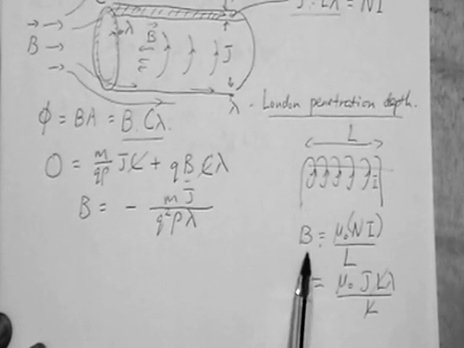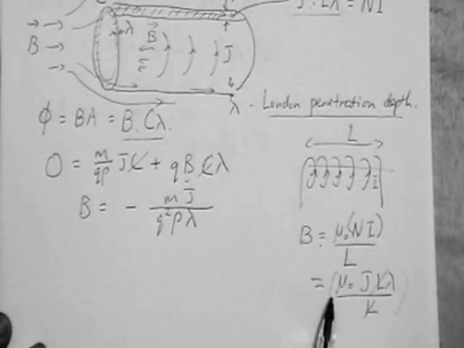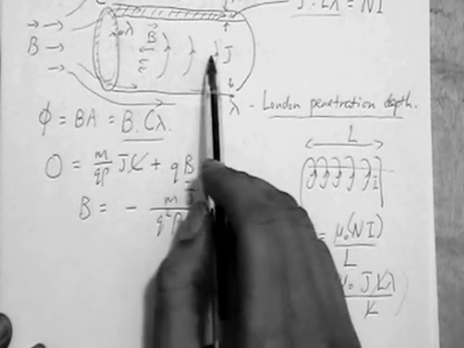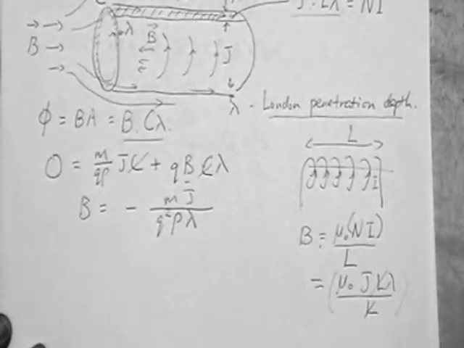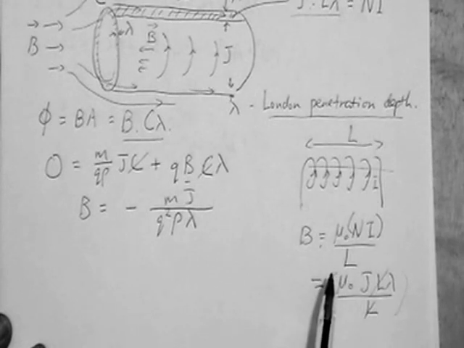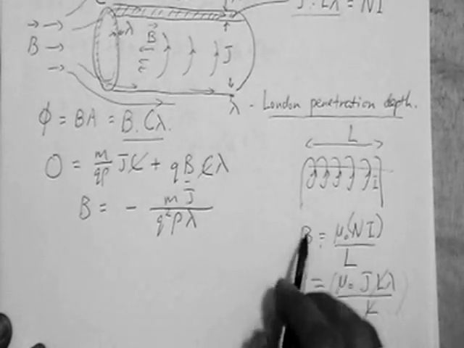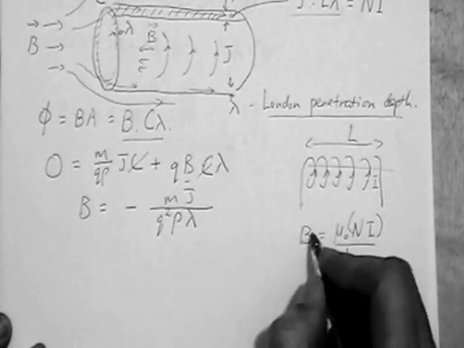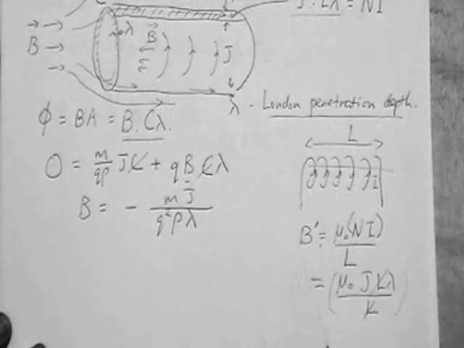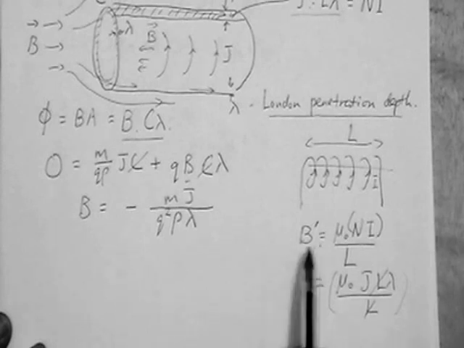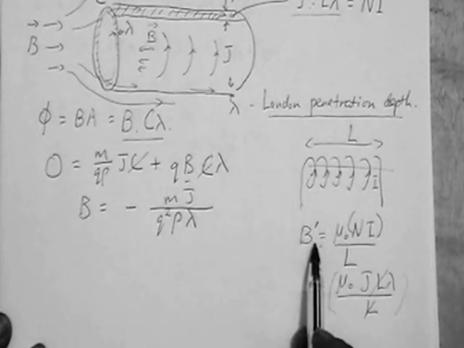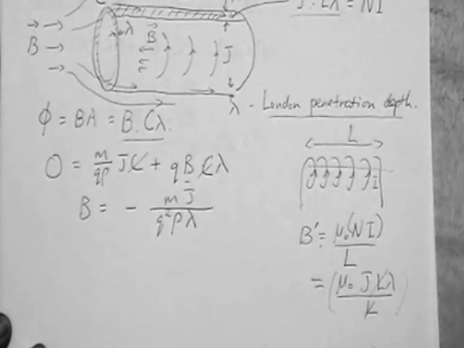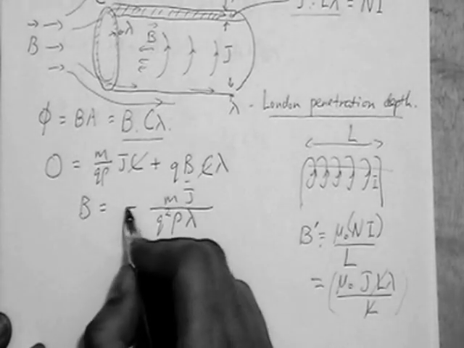Alright, so this term here is the field that we would expect this current density to produce, the opposing field. Okay, now strictly speaking, I should not use the same B as this. That's the B from outside. So this is the B from the current inside. Let me call that B primed. And actually they are different in the sense that the magnitudes are the same, but the directions are opposite, alright, so that they cancel. And in a sense, that's why we have a minus sign here.